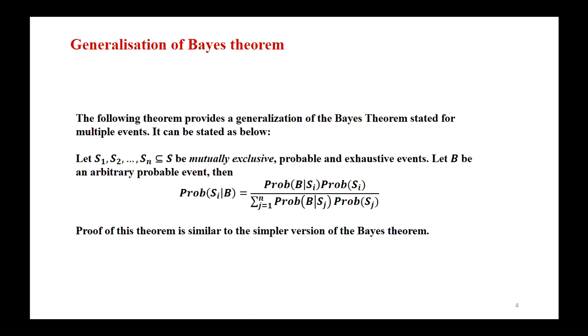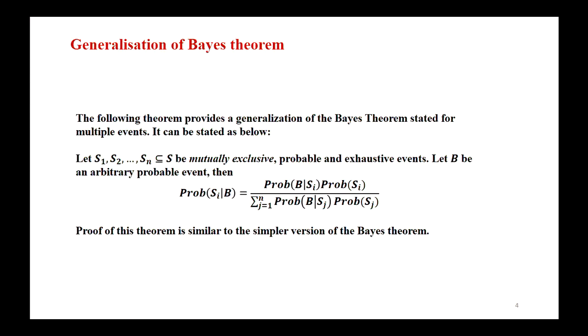If S1 up to Sn are mutually exclusive, probable and exhaustive events, and B is some probable event in which we're interested, then we can say that the probability of Sj given B is the probability of B given Sj times the probability of Sj, divided by the sum over all possible S's of prob B given S times prob S. So that's a very straightforward generalization of Bayes' theorem. The proof is very similar, so I'm not going to do the proof again.